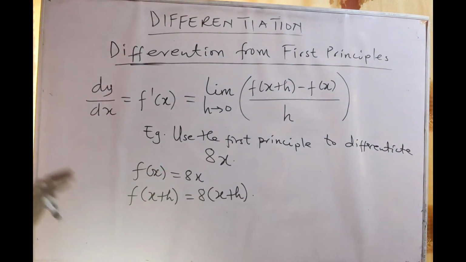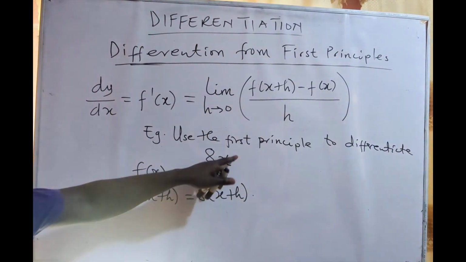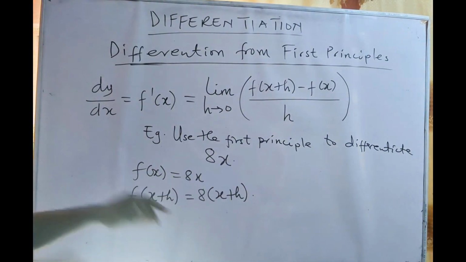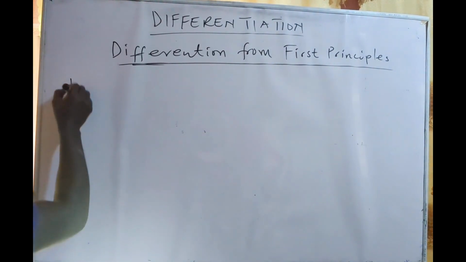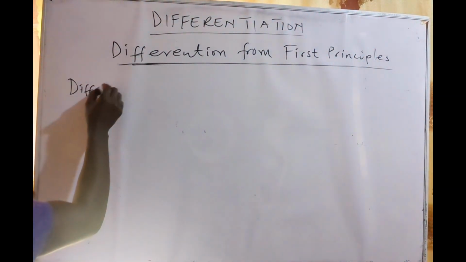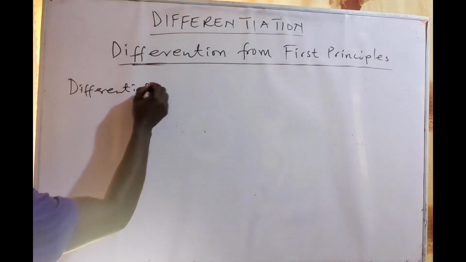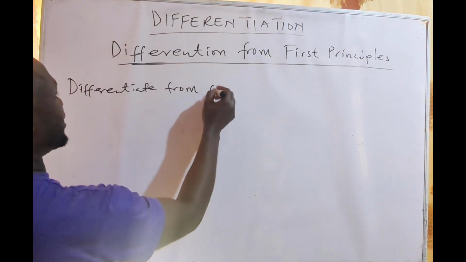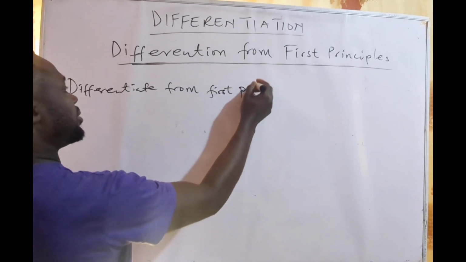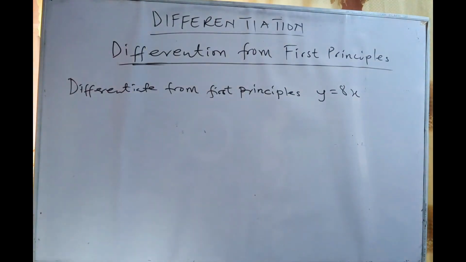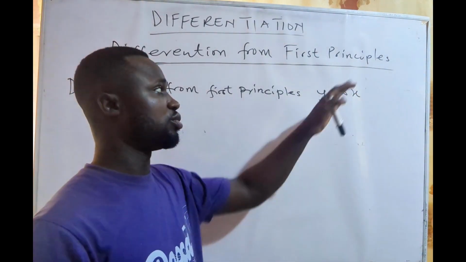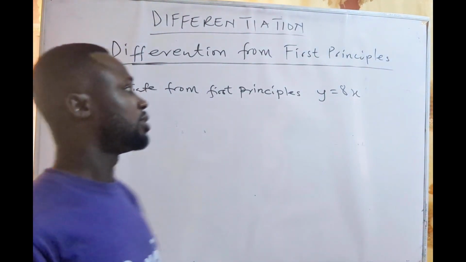Alright, let's go straight and solve this particular question. Let's solve the example. Differentiate from first principles y is equal to 8x.